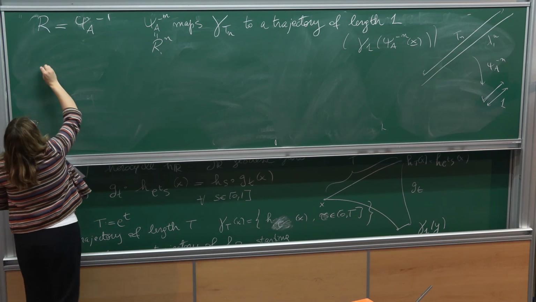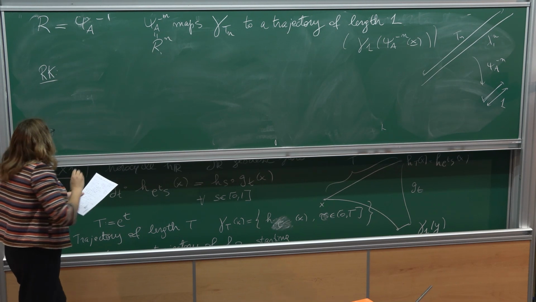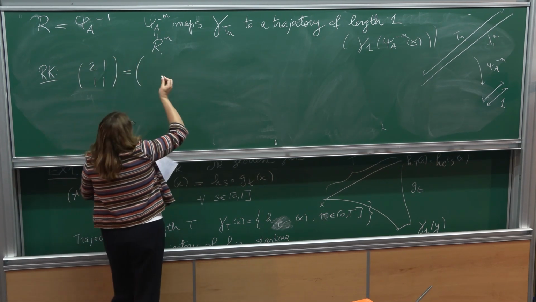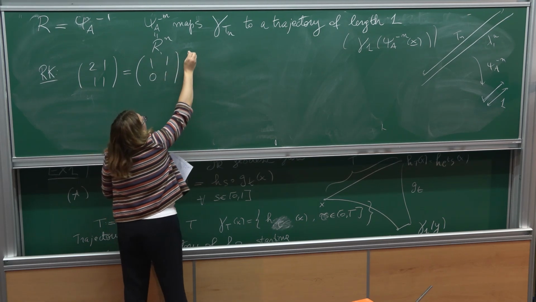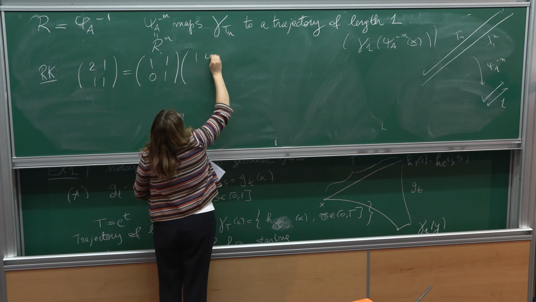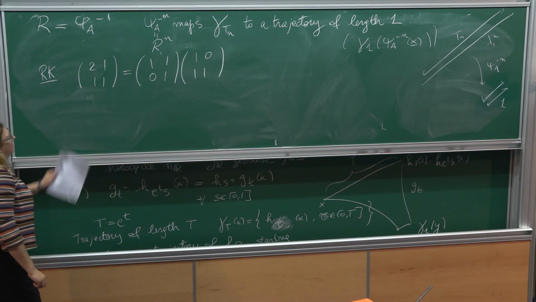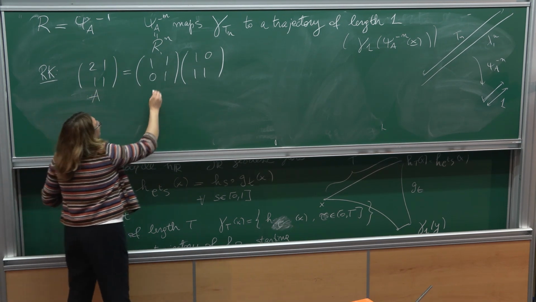OK, and maybe let me record for later use, because now there's an easier way to see this: 1, 1, 1. You can do it in 2 steps, because for the higher genus, I will use this breaking down into steps. I can see it as a product of 1, 1, 0, 1 and 1, 0, 1, 1. So this is A, and let's give it a name.